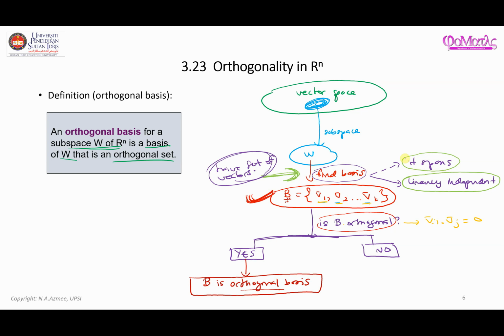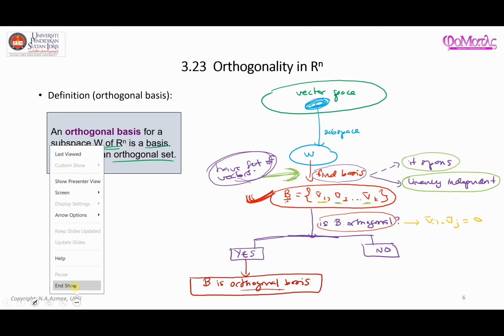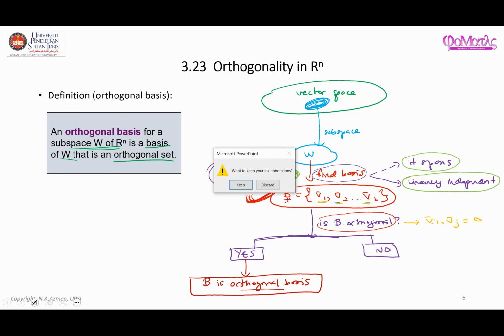Basis means it spans and it is linearly independent. Once we have made sure that it is a basis, then we go and check, is it orthogonal? If the answer is yes, then we can call this basis an orthogonal basis. We can be more specific. Okay, so that's it. I think that sums up the idea of orthogonal basis.